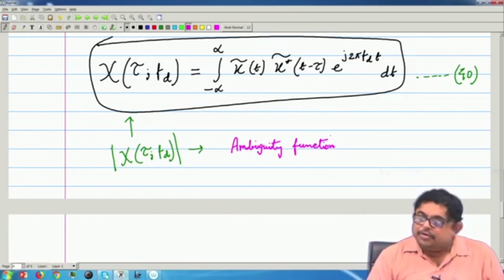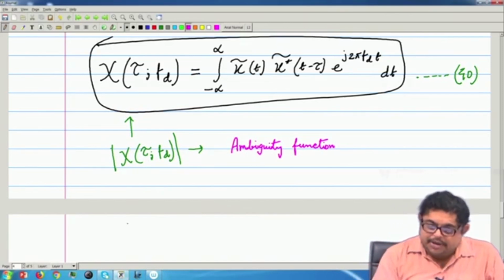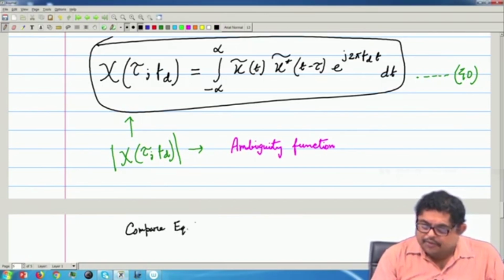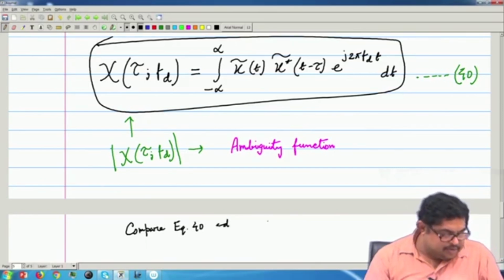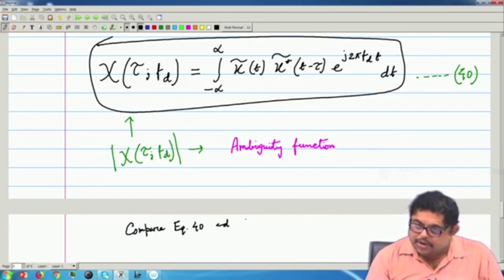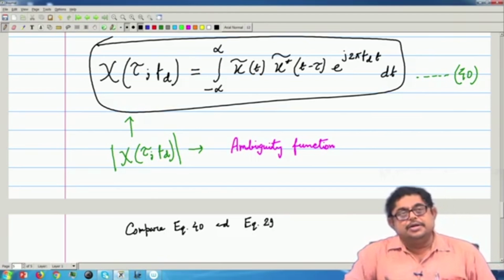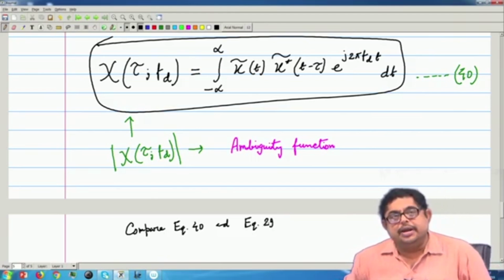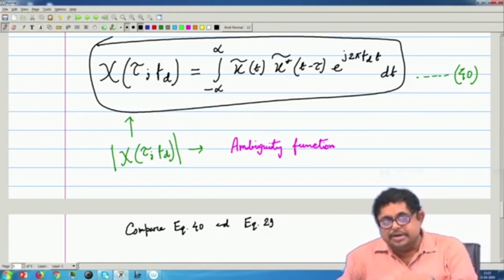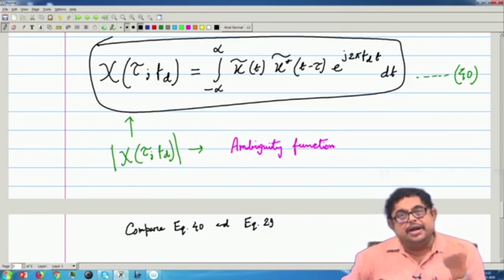So, I will say please compare equation 40 and equation 29, because equation 29, I remember, we saw in the last to last class, is the match filter output for a moving target.